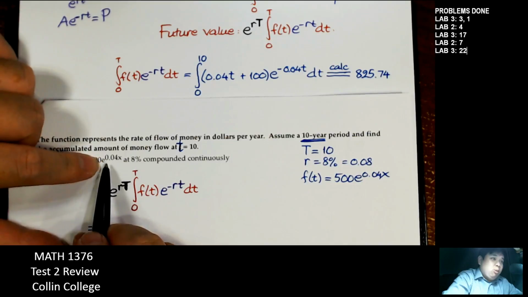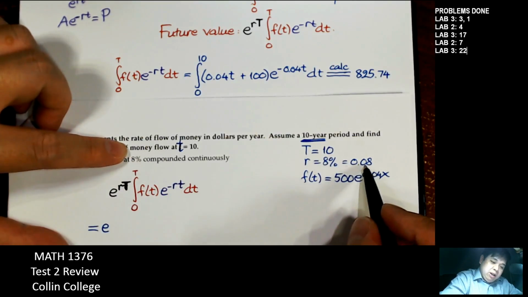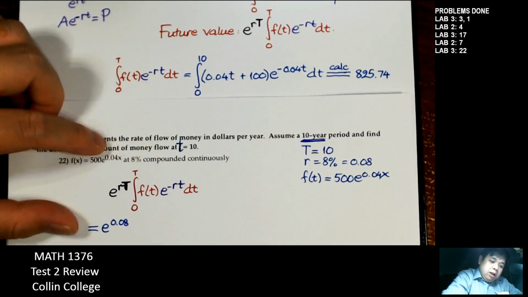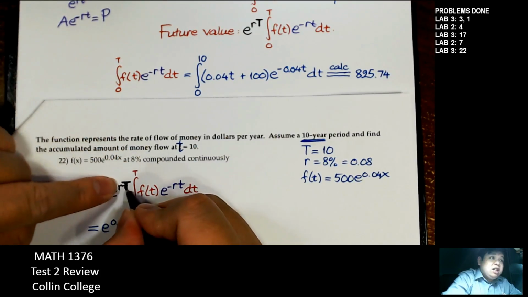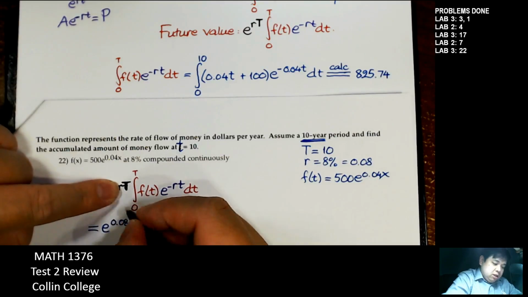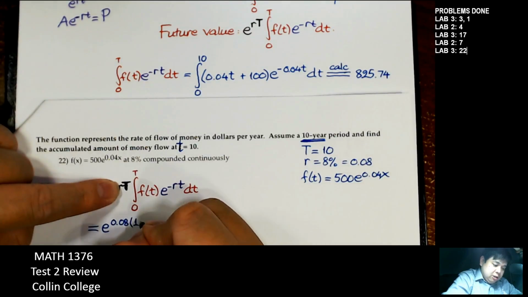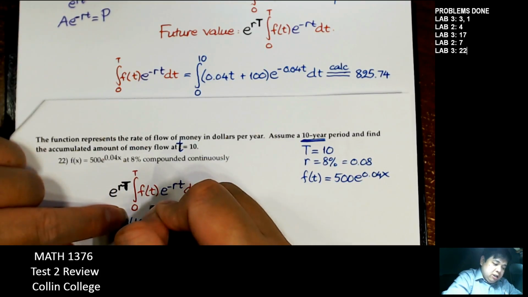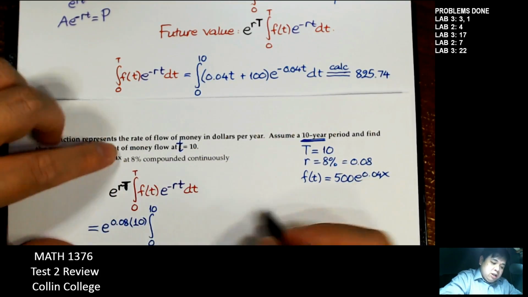Yeah, don't confuse that with 0.04. So 8% is the rate, 0.08, for 10 years. Capital T is a constant. The integral goes from 0 to 10. The flow function is this.